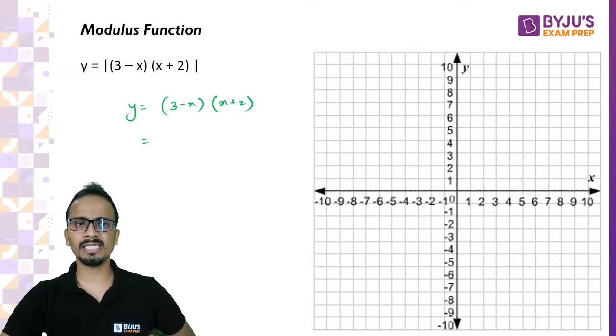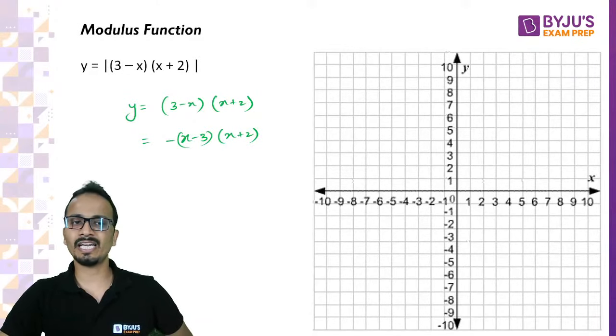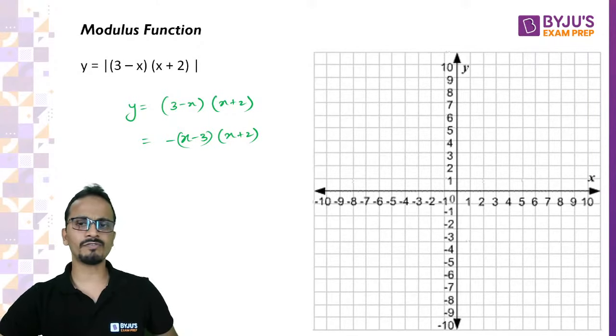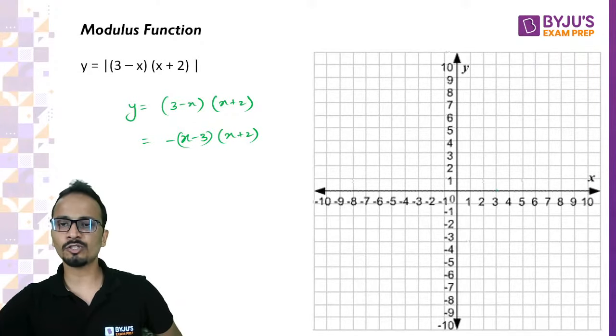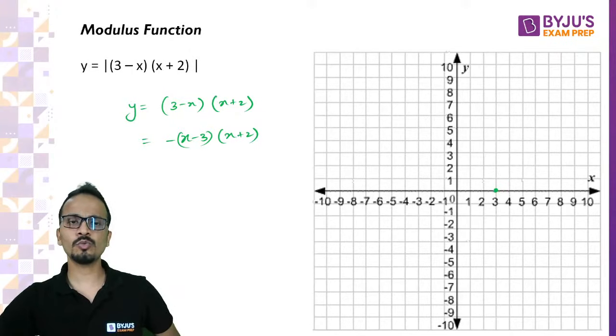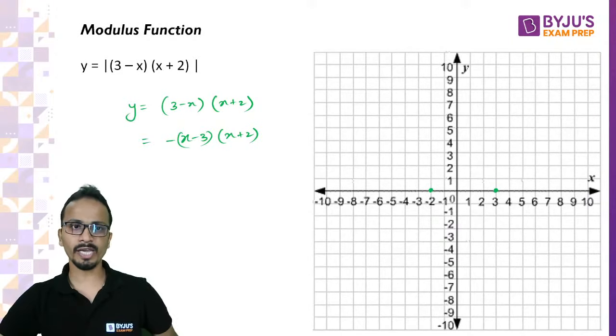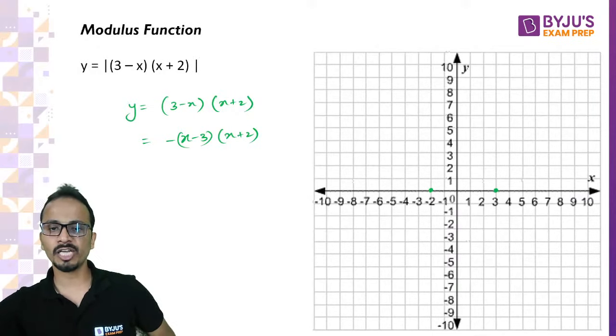So basically this is nothing but x minus 3 into x plus 2 with a negative sign. If I plot the graph of this one, it will pass through x equal to plus 3 and x equal to minus 2, and it will be a downward opening parabola.